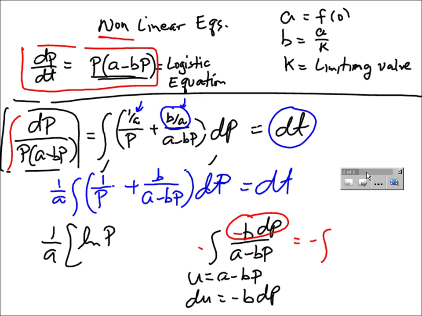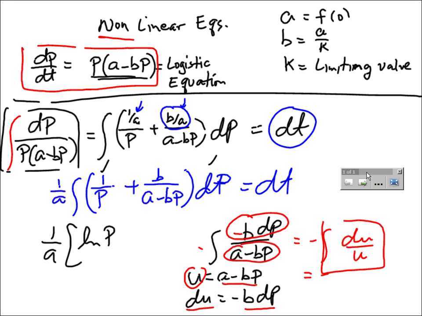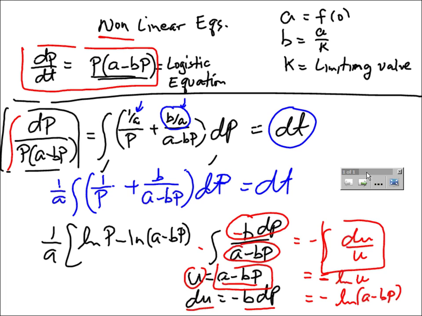Negative b dp is du, and in the bottom, a minus bp is u. So it's negative the integral of du over u. But the integral of du over u is ln of u. So I get negative ln of u, a minus bp. So that's what I'm going to write here: minus ln of a minus bp.